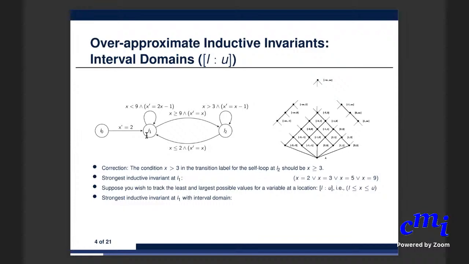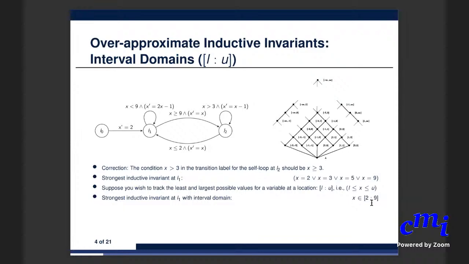Okay, so for example, you know that it can take 2, 3, 5, or 9. So the smallest value is 2 and the largest value is 9. So by saying that it can be anything between 2 and 9, it is still true at that location, because the possible values are actually included in that 2, 9.